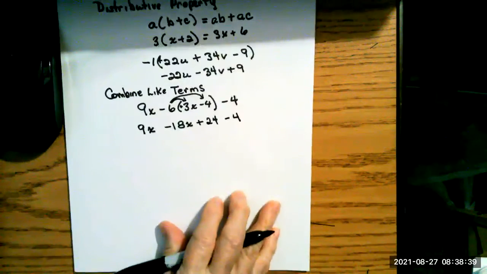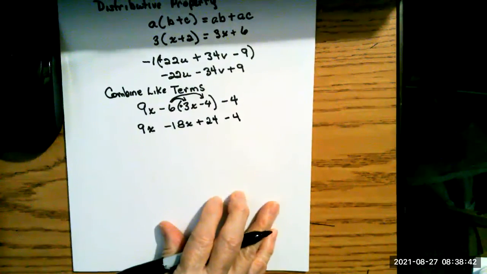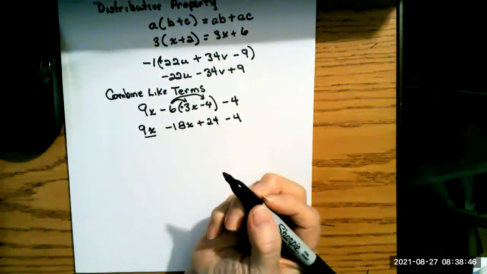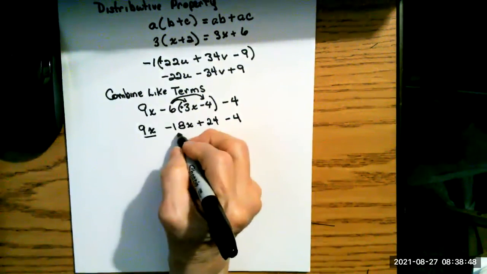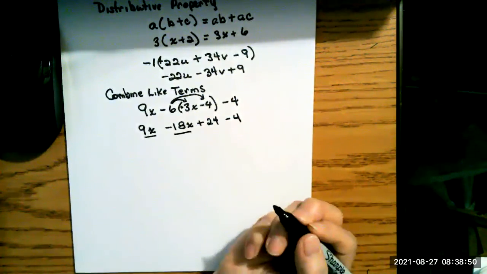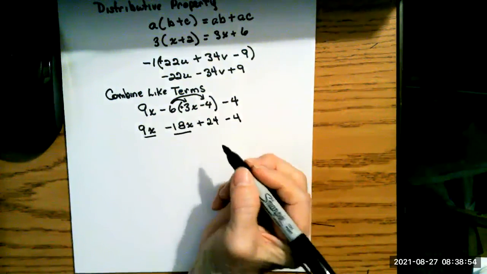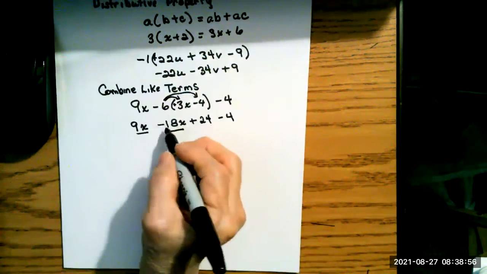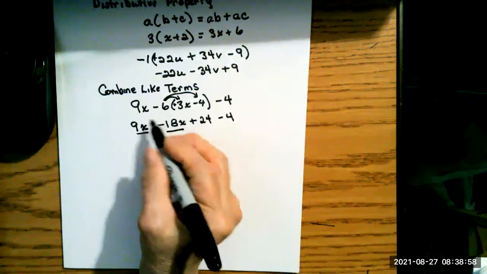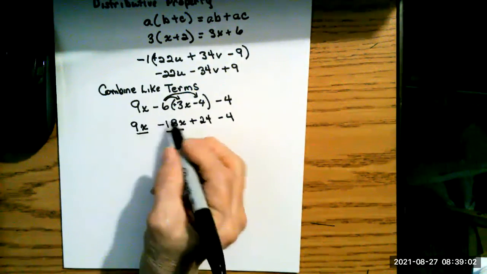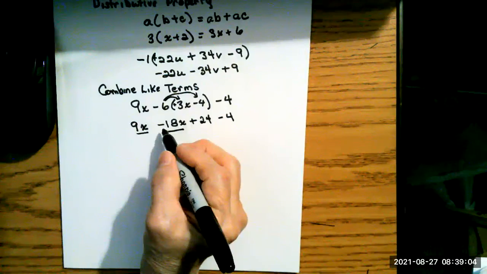Now I'm looking for terms that look alike. So I'm looking, for instance, for things that have an x on it. So I have a 9x and I have a negative 18x. Now in this case, I'm combining like terms. If you think of this, there are more negative numbers than there are positive numbers. So you would subtract the numbers, and then your answer would be negative because there's more of them.